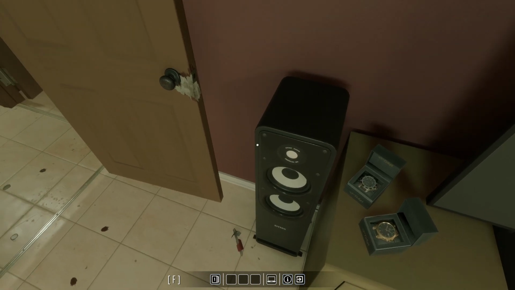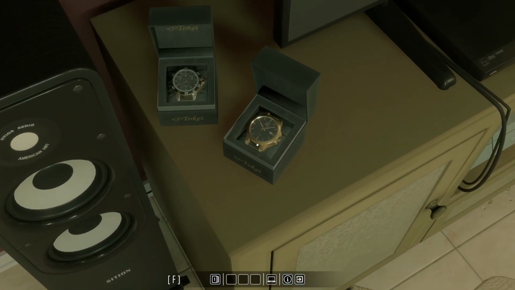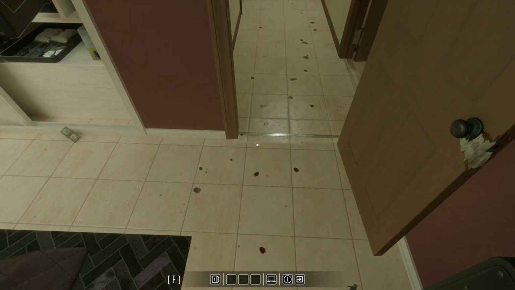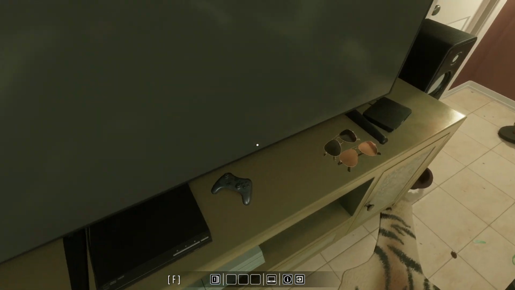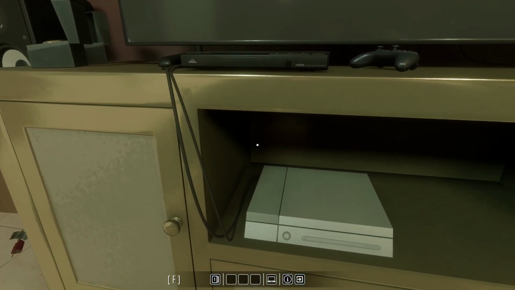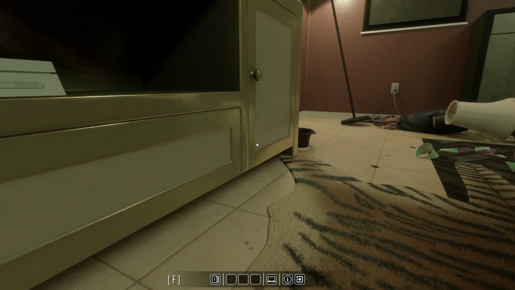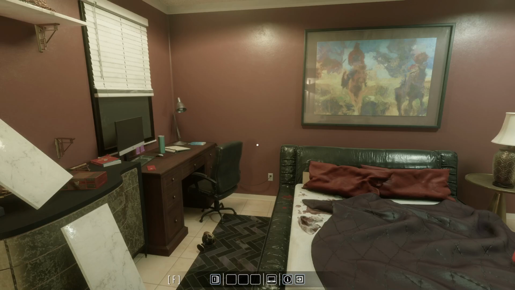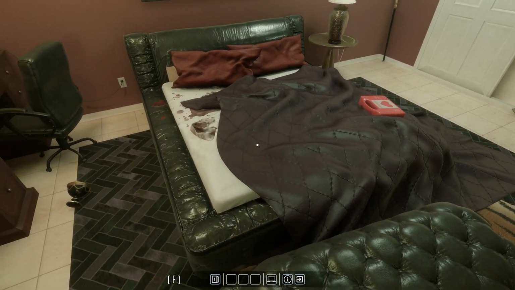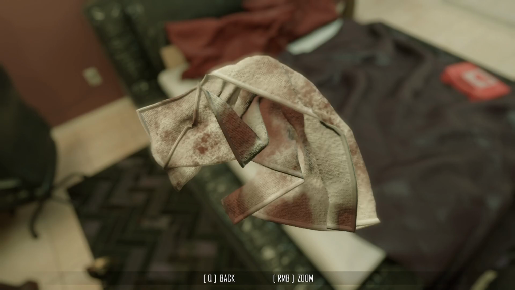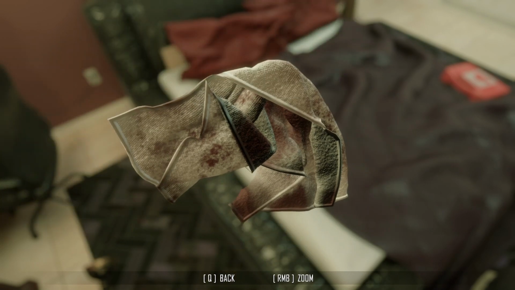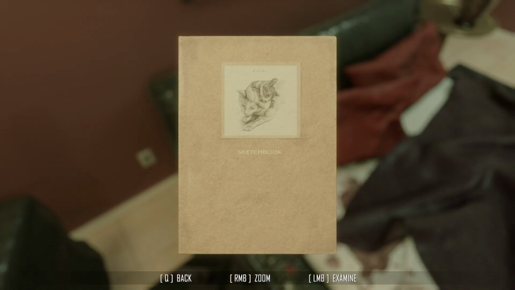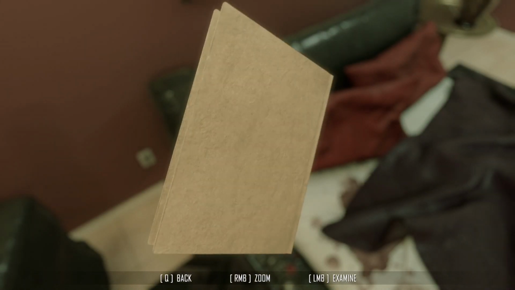Clocks, wristwatches, I mean. So maybe not a fight, but somebody tried to find something. Gaming consoles, huge TV, sunglasses. Although there is blood. Would that be... Oh, sketchbook. Let's see.